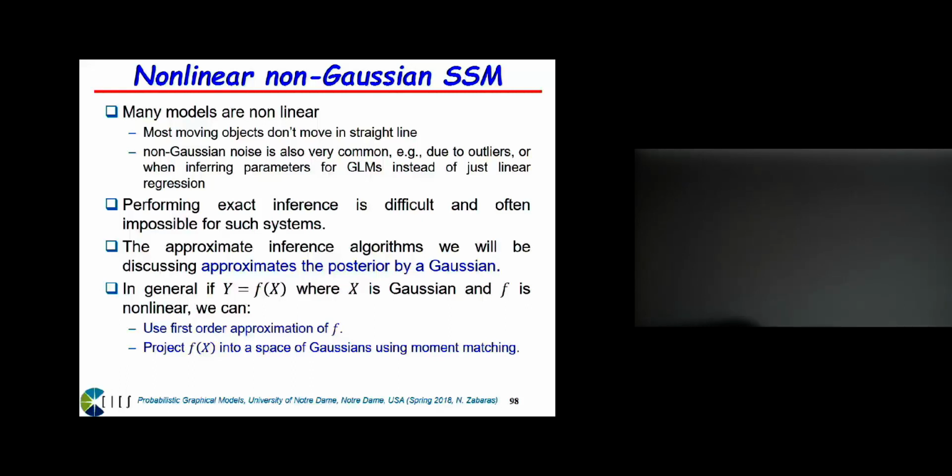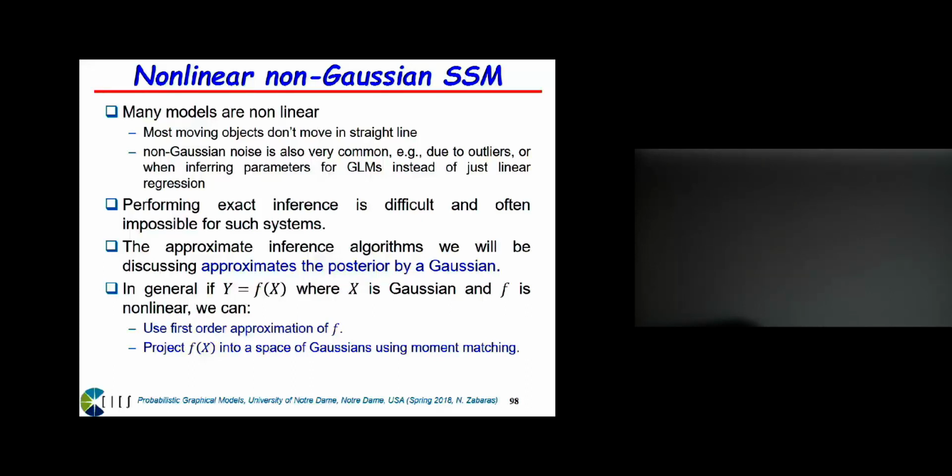But the bottom line is the relation we have between variables at n minus 1 and n, or between the state and the observations at a given time, they're coupled through some nonlinear function, and so we need to find some way to deal with it. In terms of particles, that's not an issue, right?